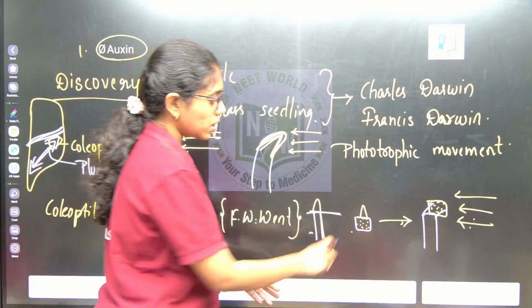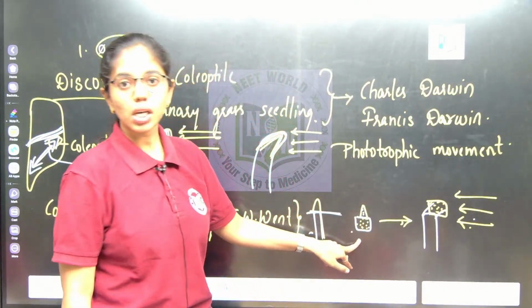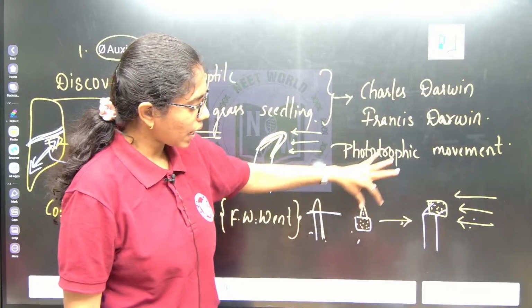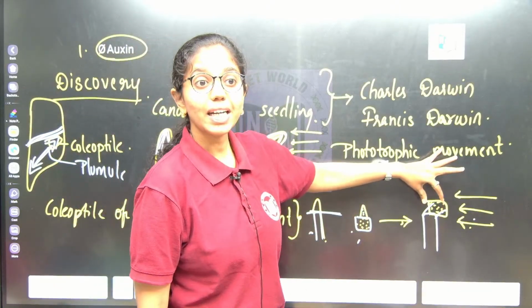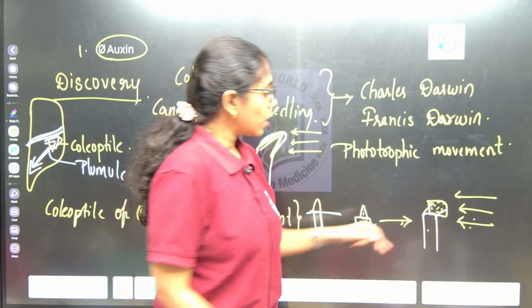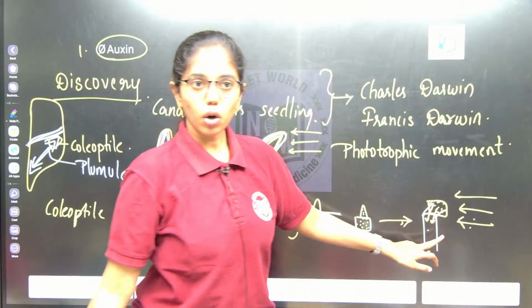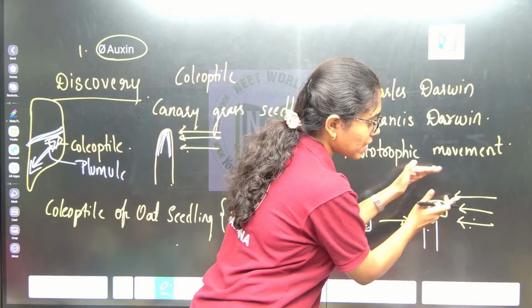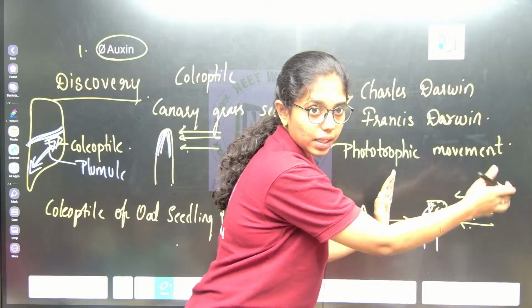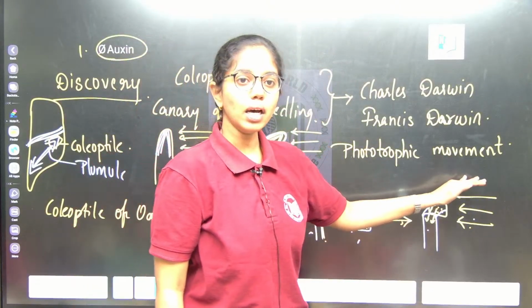What happens? The chemical constituents from this coleoptile entered into this agar block. Then this agar block was placed over the decapitated oat seedling. Constituents from here moved into the coleoptile and this caused a bend when the sunlight is passed towards it. Clear? And the bend is towards the sunlight.